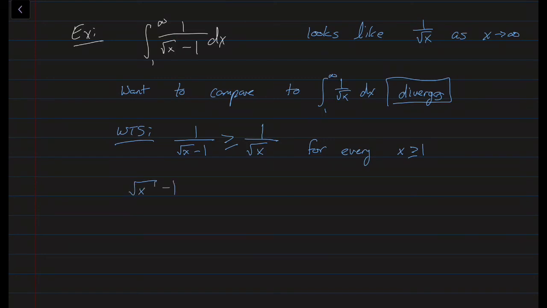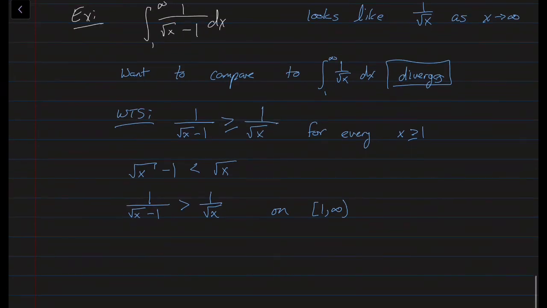So we know that the square root of x minus 1 is less than the square root of x. And that tells us that 1 over the square root of x minus 1, we just take the reciprocal of everything, is going to be greater than 1 over the square root of x on 1 to infinity.